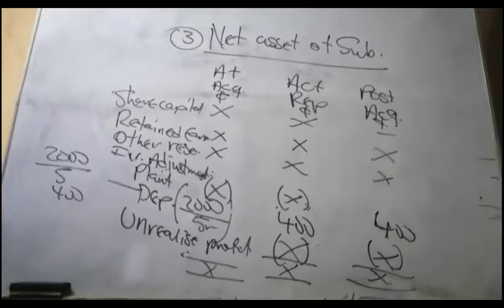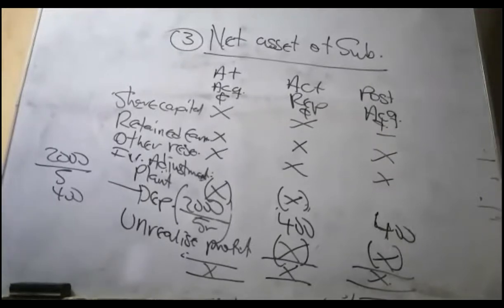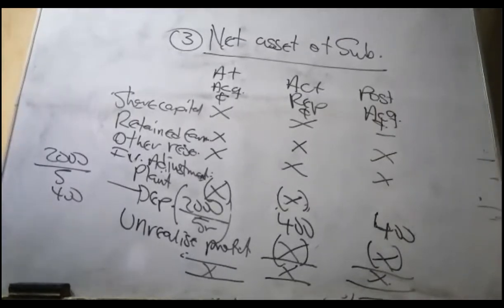Okay, so let's move on to the next step. These are the steps that we go through. Step 4, then we calculate the goodwill. Step 4, goodwill.